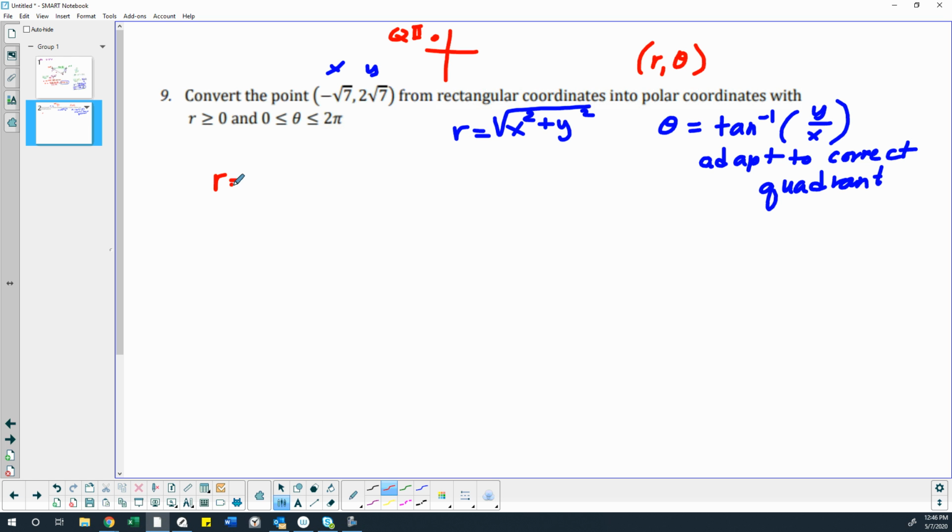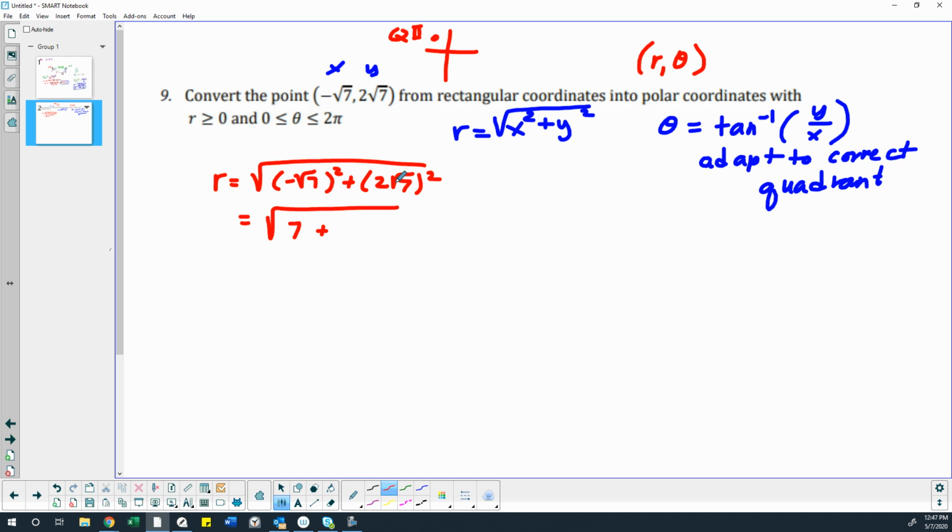So r will equal the square root of negative square root of 7 squared plus 2 square root 7 squared. So when we square a negative, it just turns positive. So negative square root of 7 squared is just positive 7.